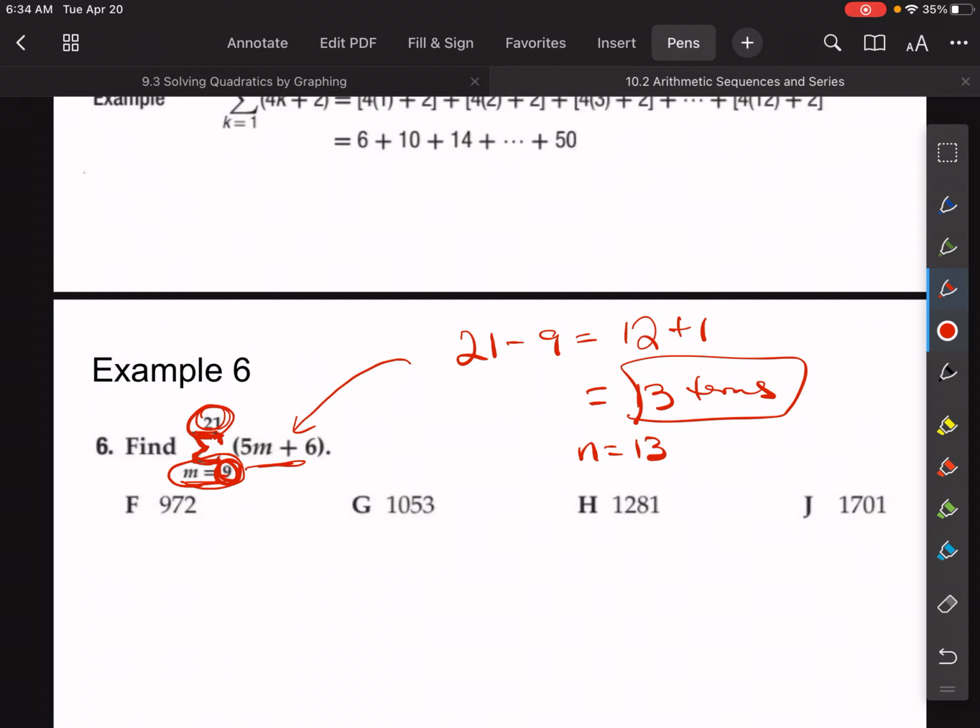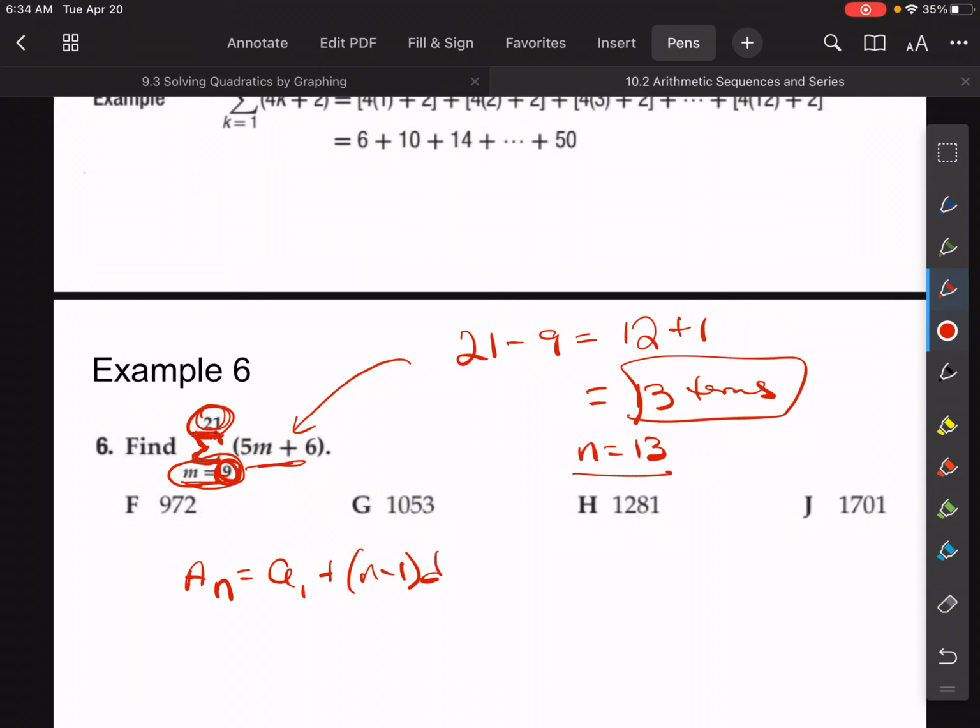I know that I can find a sub 1. I would have to figure out what happens if I plugged in a 1 to my nth term equation, a sub n equals a sub 1 plus n minus 1 times d.